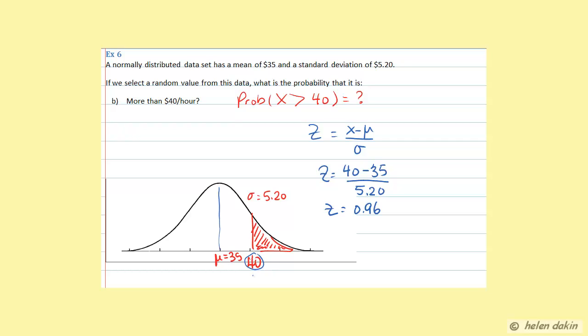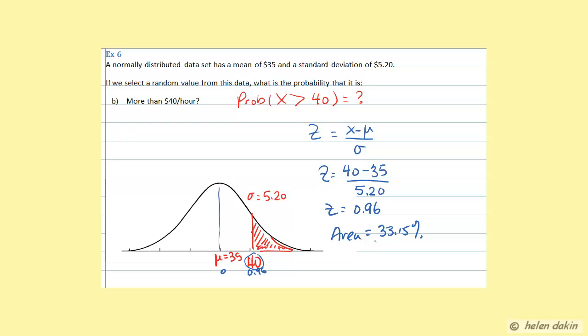Relative to the standardized normal distribution, that tells us we are 0.96 standard deviations above the mean. So I'm going to look up the area in my normal tables for that z value, and that area will work out to be 33.15%. So 33.15% is the area between 0 and 0.96 standard deviations.